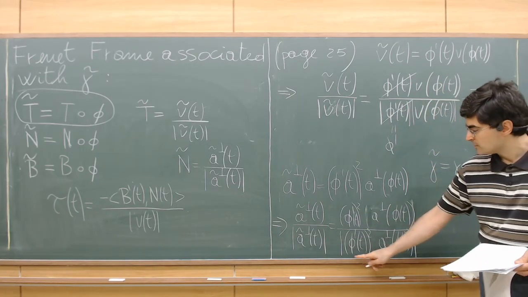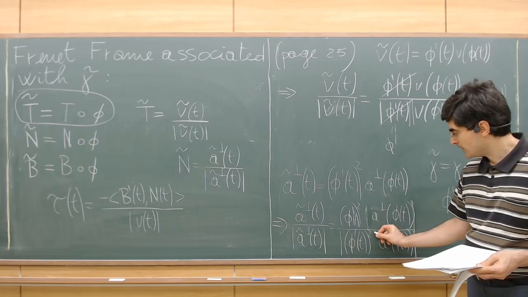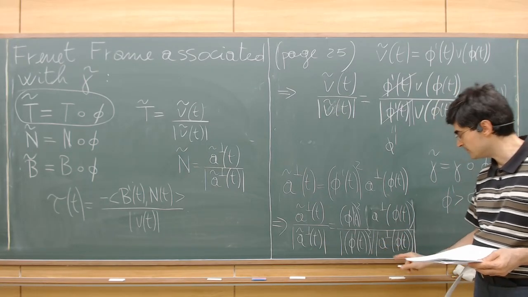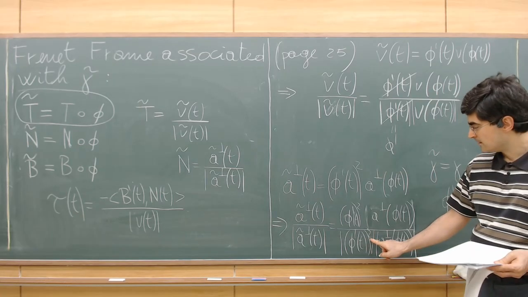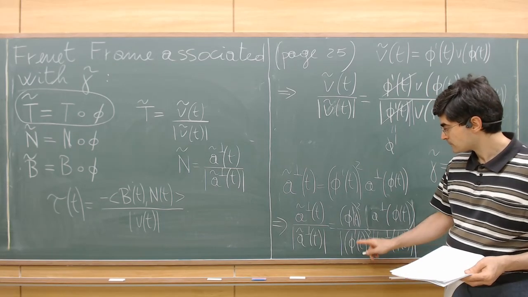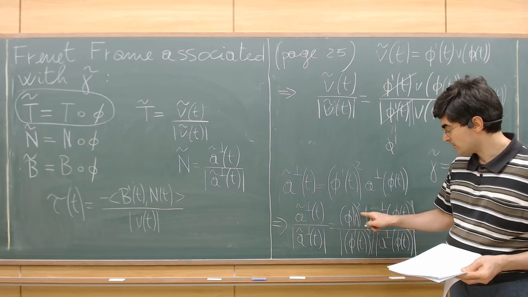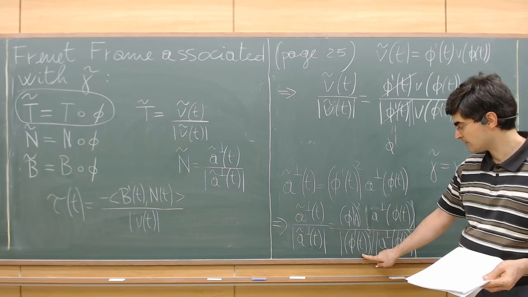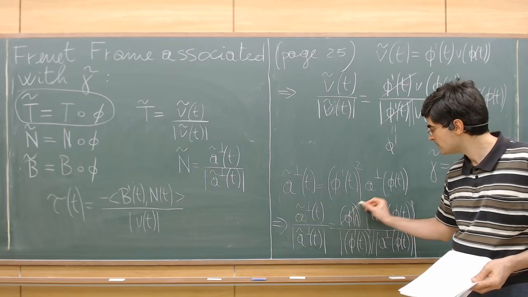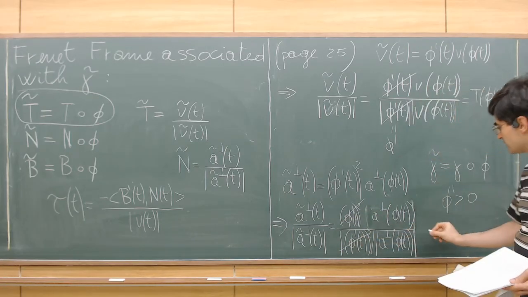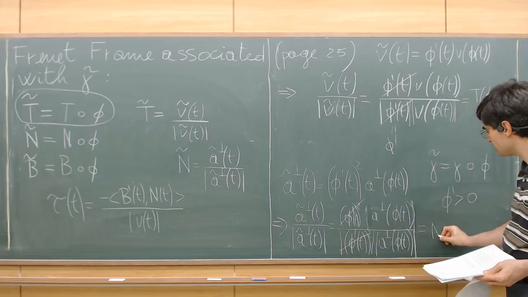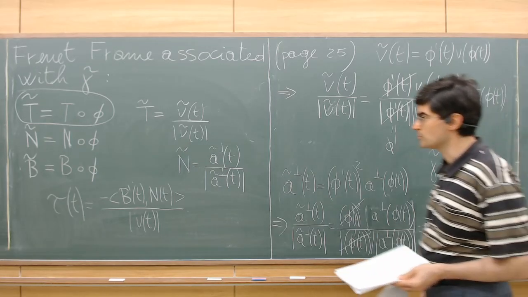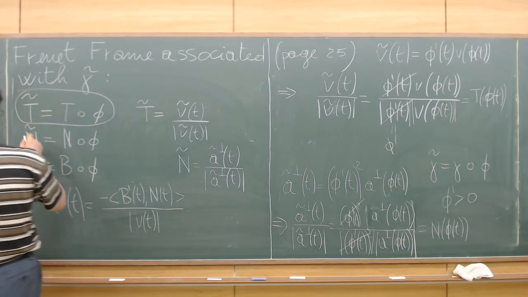But the length of this vector is the absolute value of this function multiplied by the length of this vector. Here there is a square, so the factor which appears in the numerator cancels out with the factor which appears in the denominator, and what we get is N of phi of t. So this is the proof of this formula here.